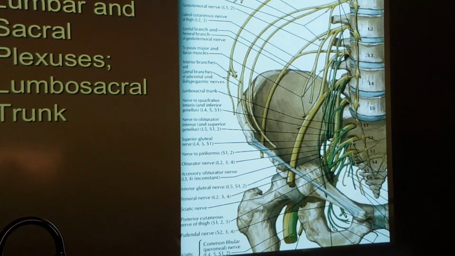Okay. The lumbar plexus, up in the lumbar region, okay, and L5 is called the lumbosacral trunk, because it connects the lumbar plexus to the sacral plexus. Okay, L5, and it shows up nicely. The lumbosacral trunk shows up on our model.